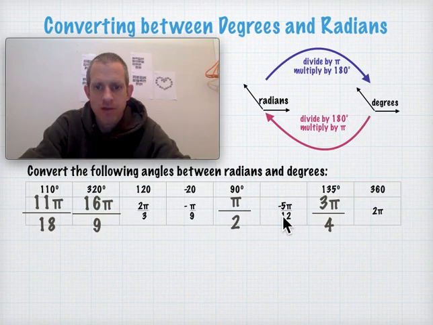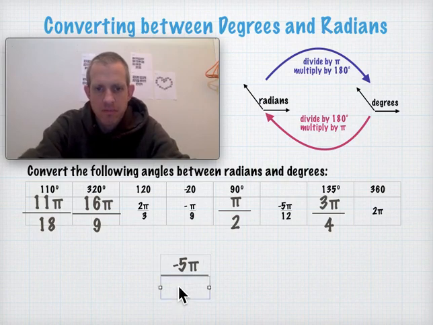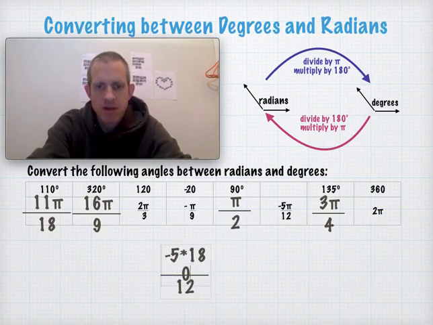The hardest one I thought that was still here was negative 5 pi twelfths. And so just real quick, how do we do that one? I'll write negative 5 pi twelfths on top. And I'll divide by pi, which means we no longer have the pi in there anymore. And multiply this by 180.